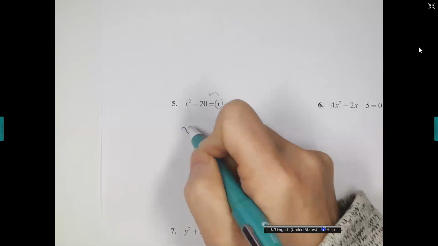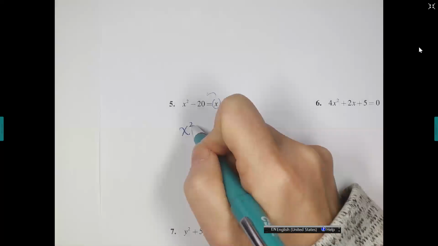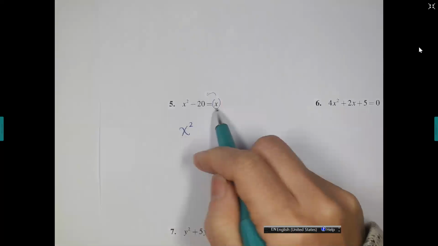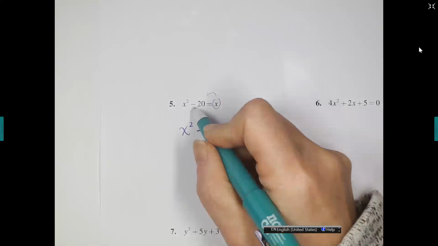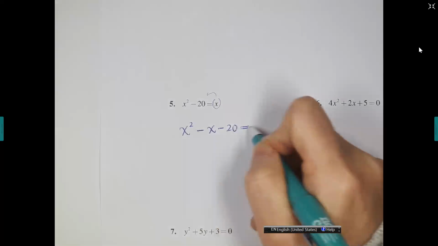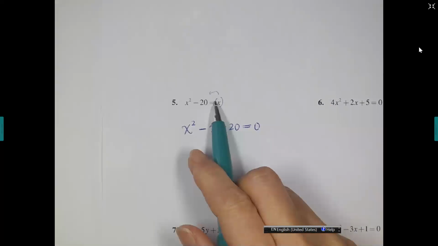Then we rewrite everything in order. We start with the square term, x squared. Then the x term, which now is moved and turns into negative x. Then the constant 20 is still there, so minus 20 equals 0. We rewrite this equation in standard form.